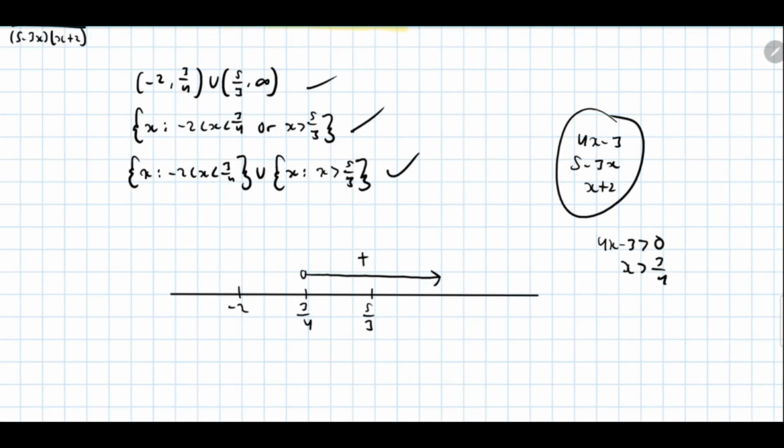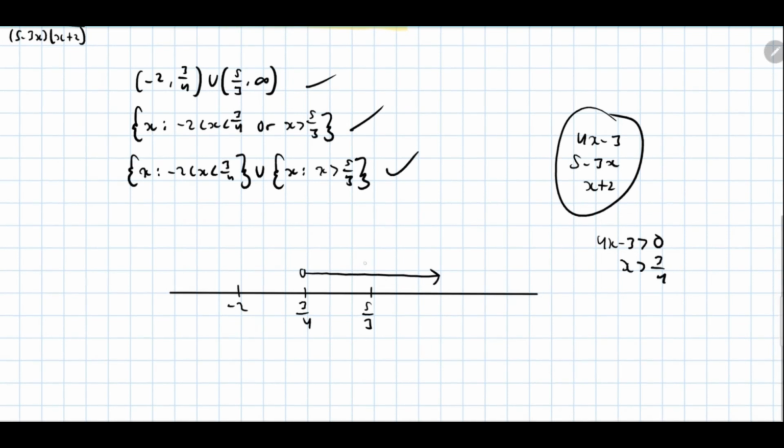In other words, on the line it's a positive sign, without the line it's a negative sign. So essentially this is a positive, this is a negative. Positive negative means that the term 4x minus 3 becomes positive when x is larger than 3 over 4. 4x minus 3 becomes a negative term if it's less than 3 over 4. So that's basically what I'm doing.